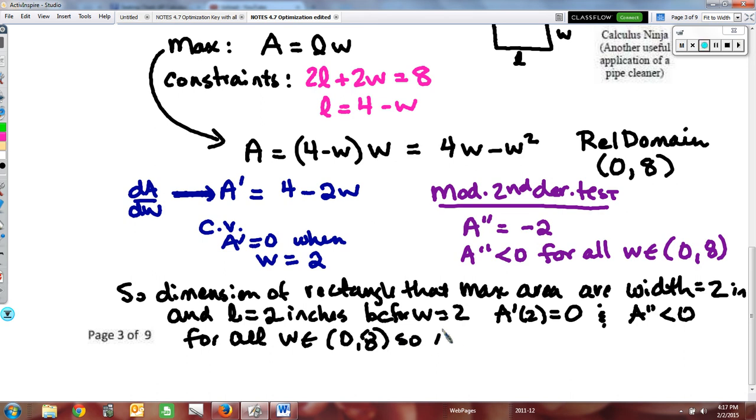So A is concave down, and w equal to 2 is a global max.